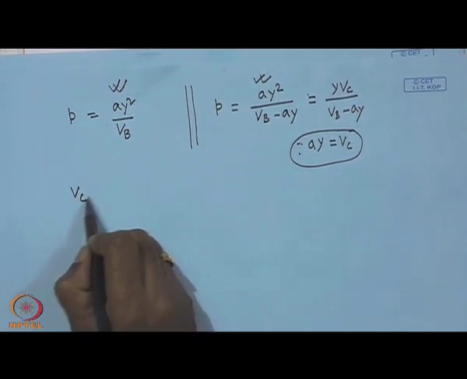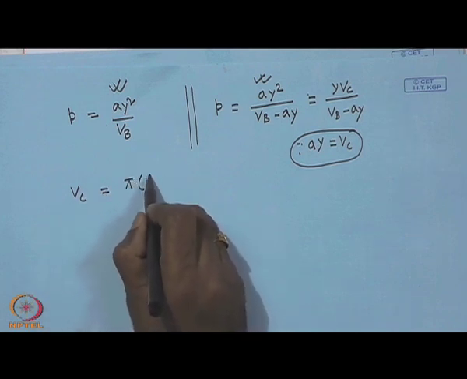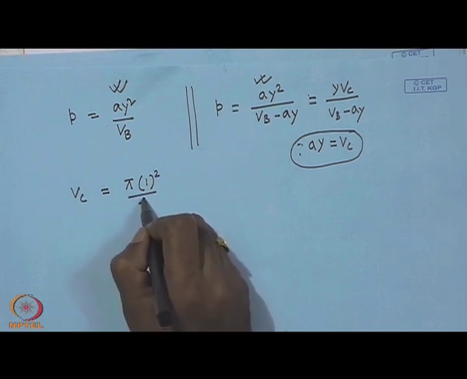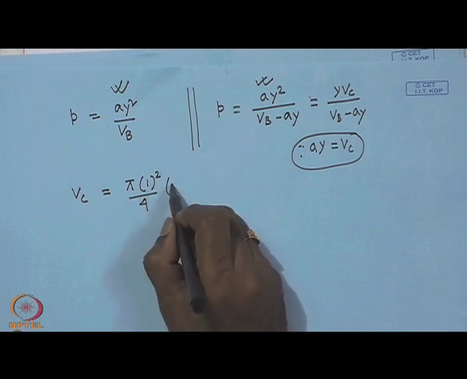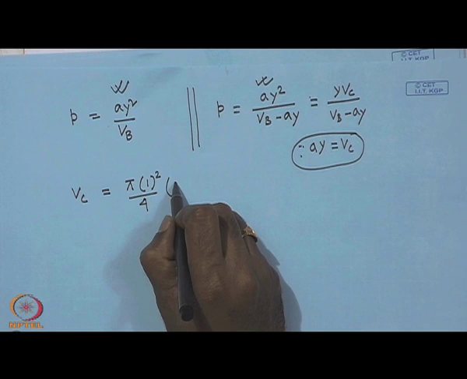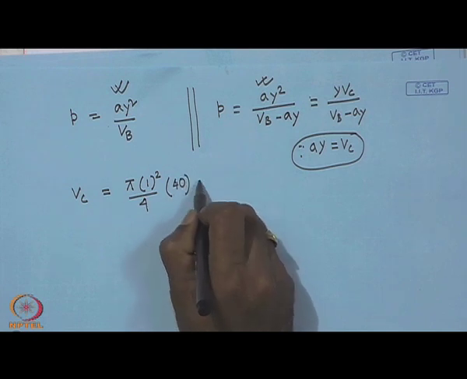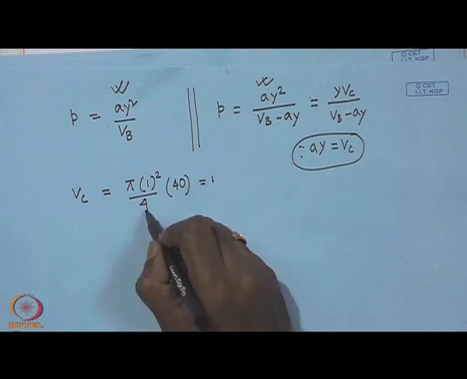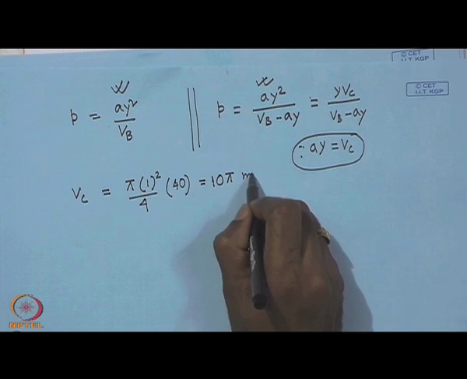So, let us calculate first Vc, 1 millimeter diameter, we have 4 centimeter reading. So, 40 millimeter. So, this becomes 10 pi millimeter cube.